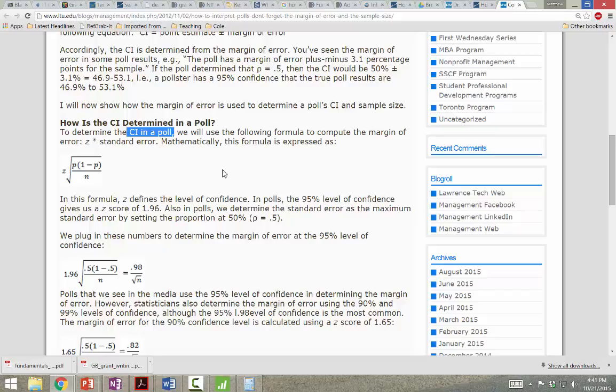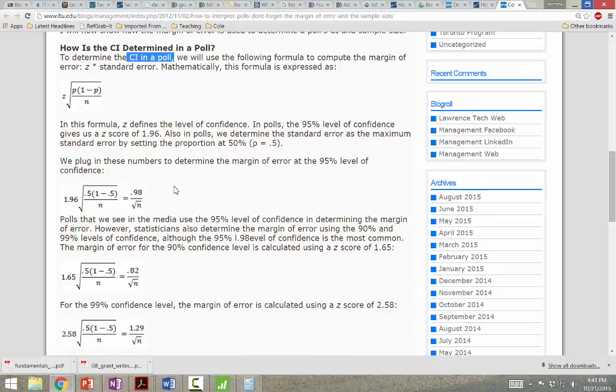We will take basically 0.98 and divide it by the square root of n. Right? So the margin of error equals 0.98 divided by square root of n.